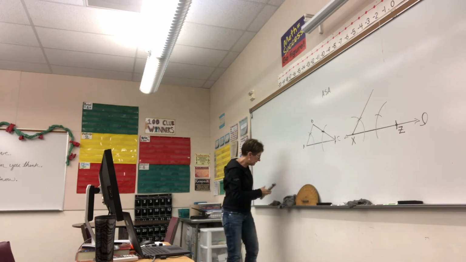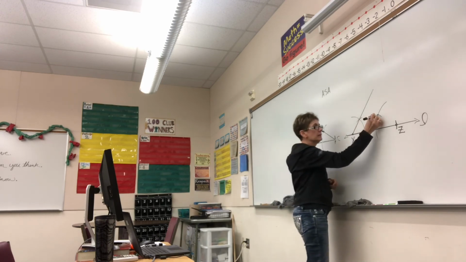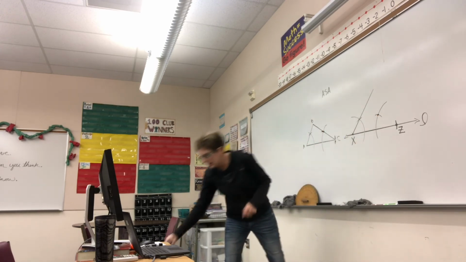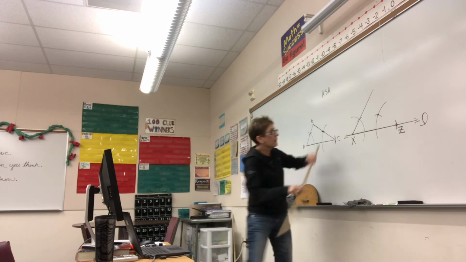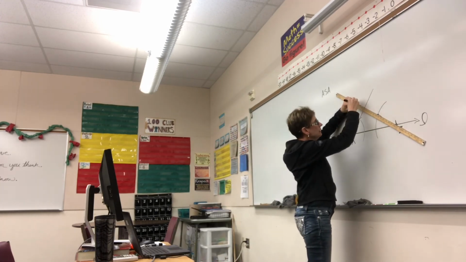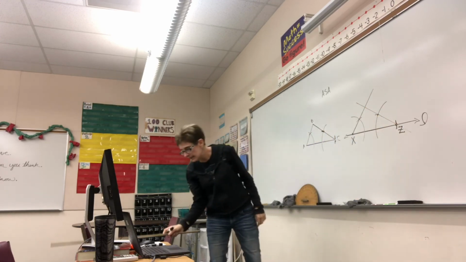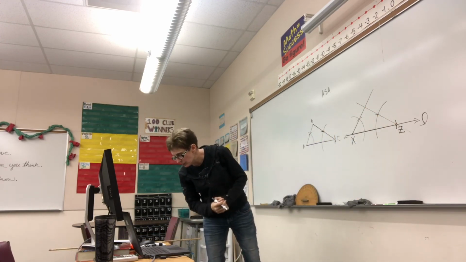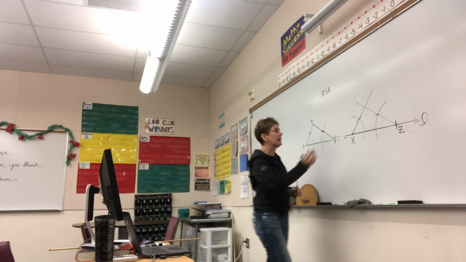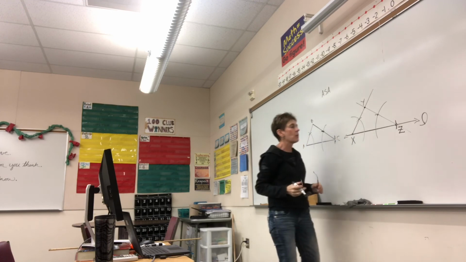That gives me a spot in which to put another point here. And so then I am going to draw a line connecting that point and Z. The last step says to label the point where the new sides of the angles meet as Y. So I'm going to label this point as Y.